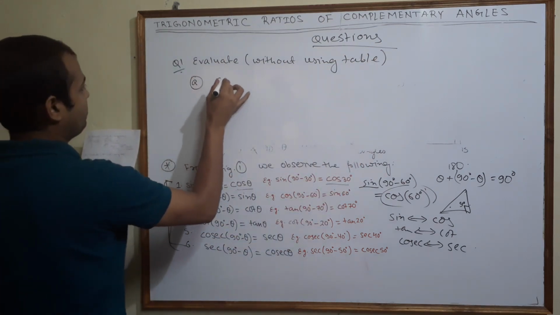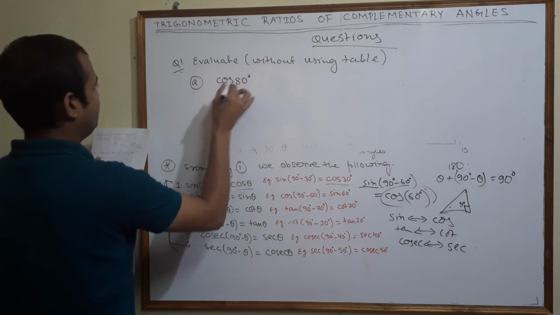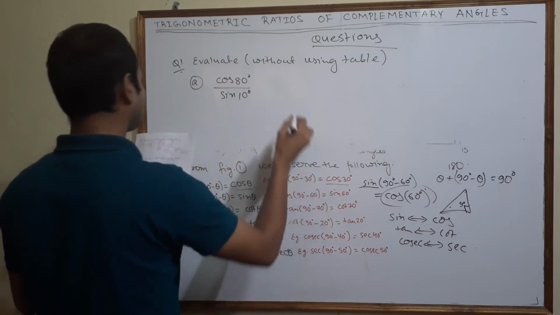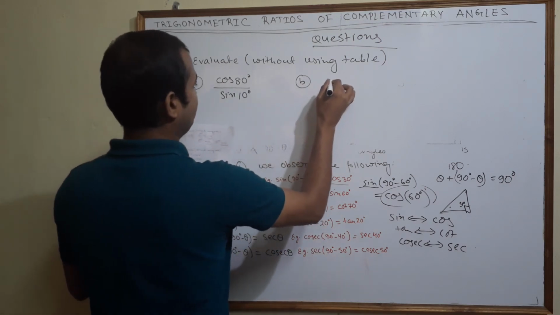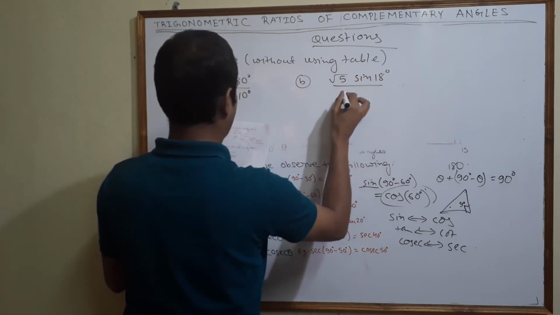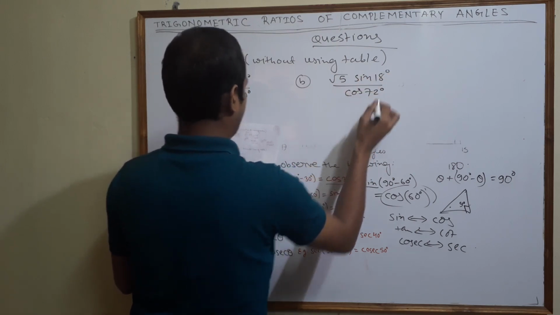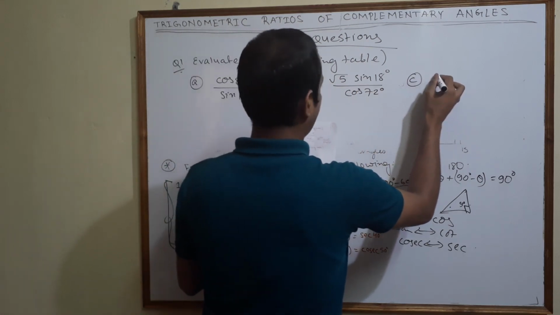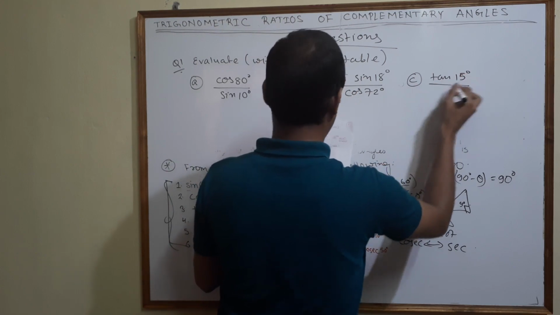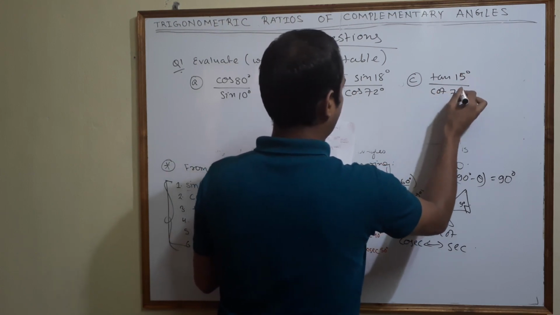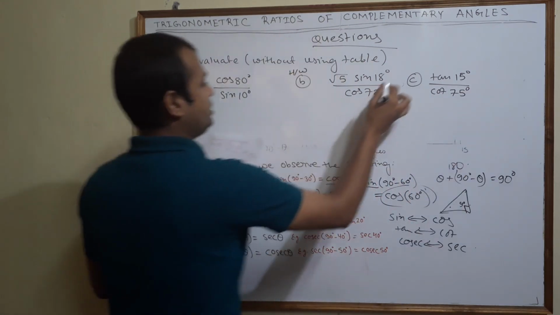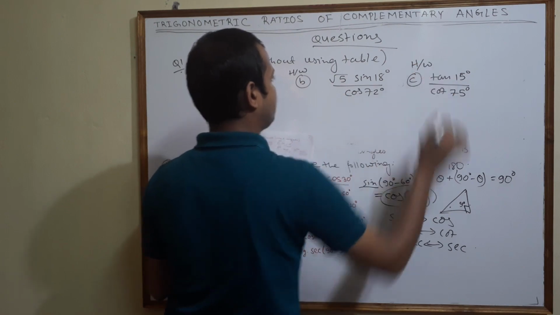Question A is cos 80 degrees upon sin 10 degrees. Question B is root 5 sin 18 degrees upon cos 72 degrees. C is tan 15 degrees upon cot 75 degrees. B and C I will leave as homework for you.